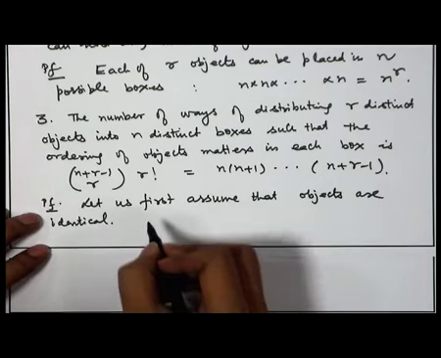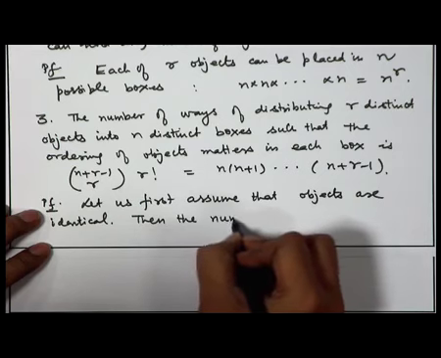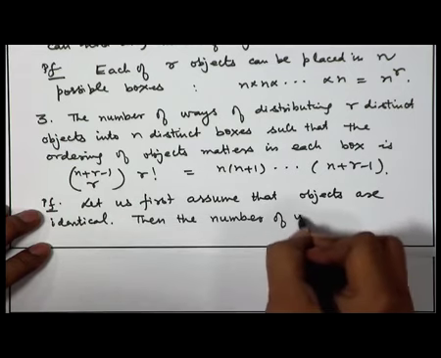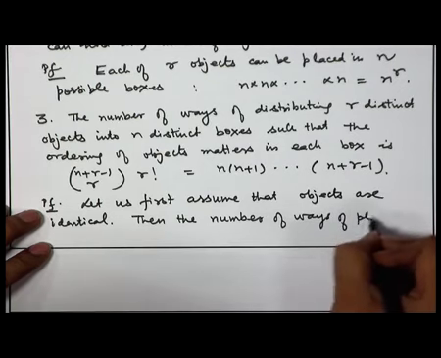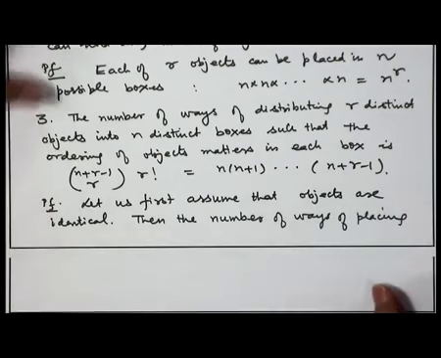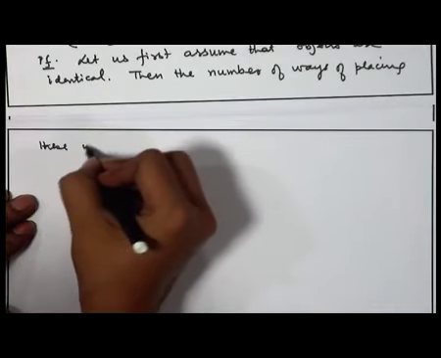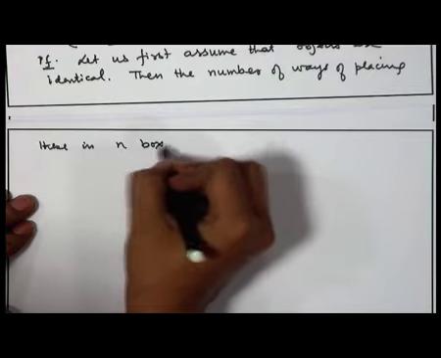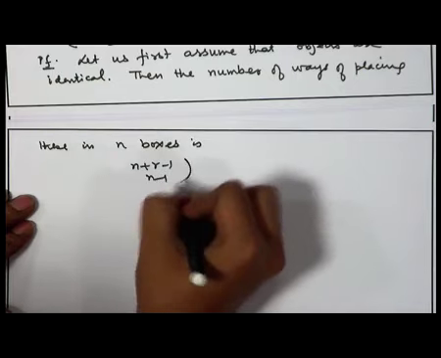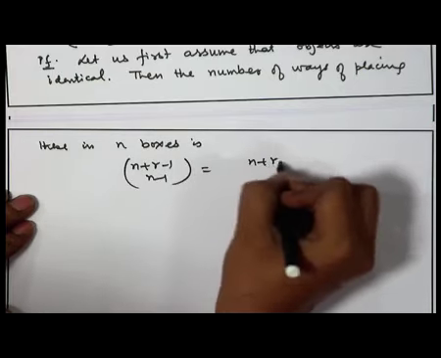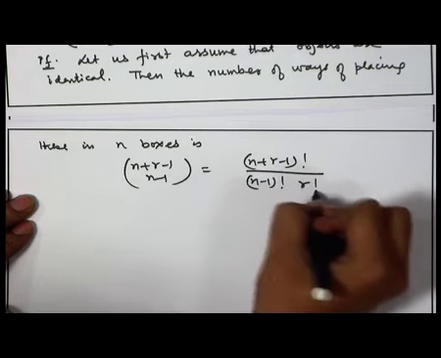If that is so, then the number of ways of placing these in n boxes is n plus r minus 1 C n minus 1, that is n plus r minus 1 factorial divided by n minus 1 factorial r factorial.